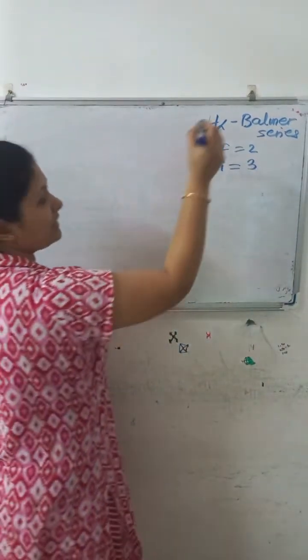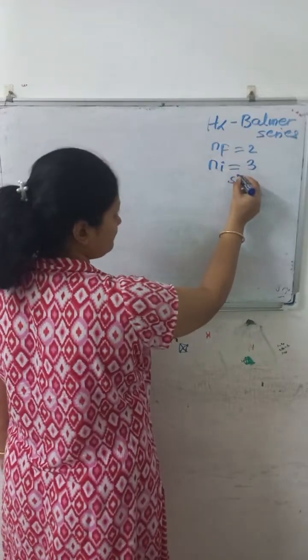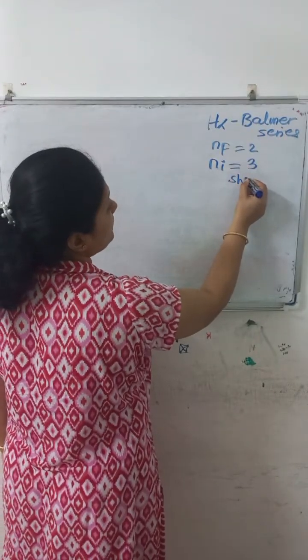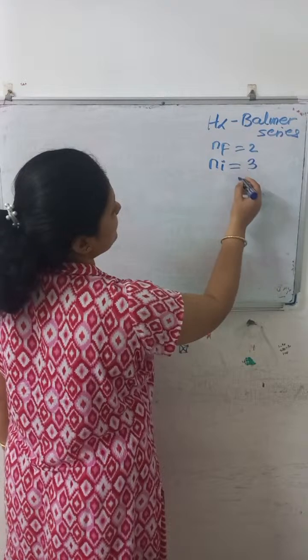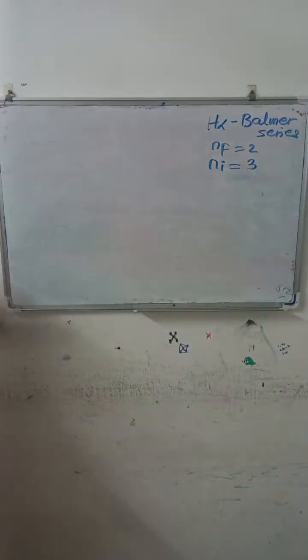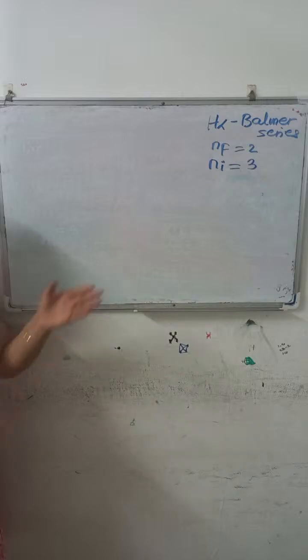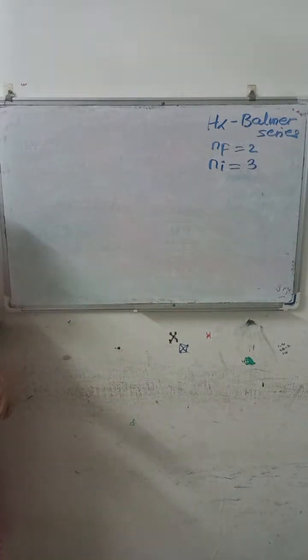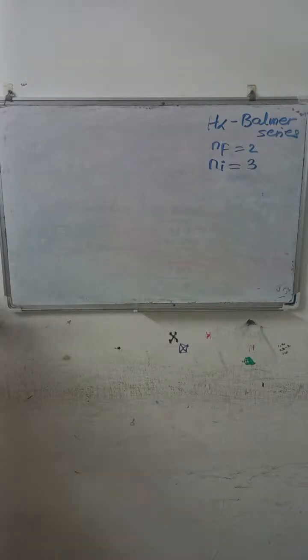That means they are asking for the longest wavelength. Here we know the wavelength formula, but we don't know the frequency. We are getting lambda, so from that we can calculate the frequency.